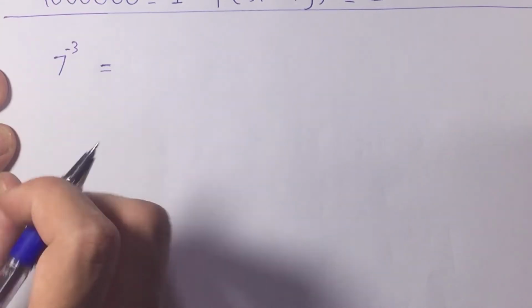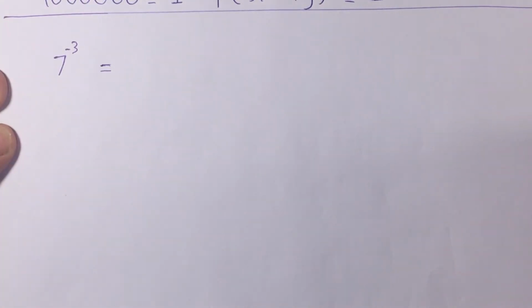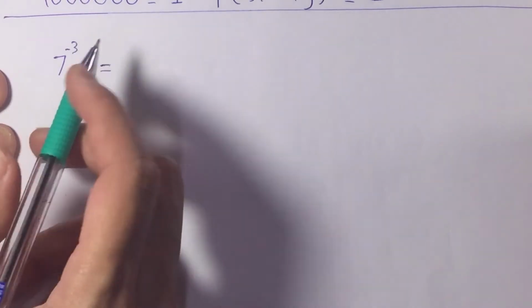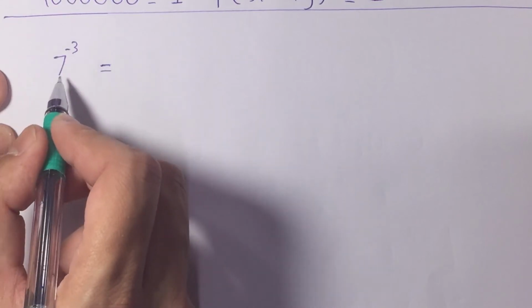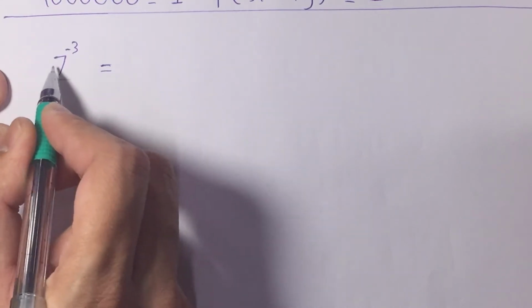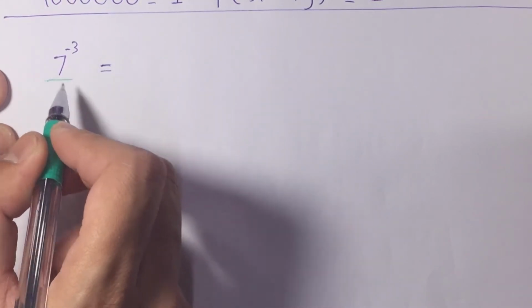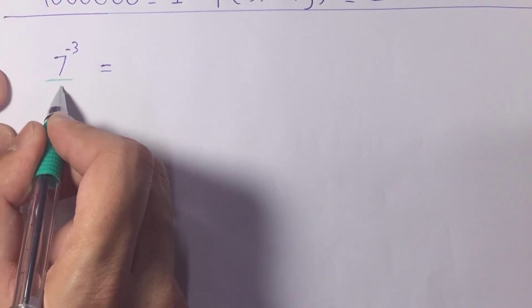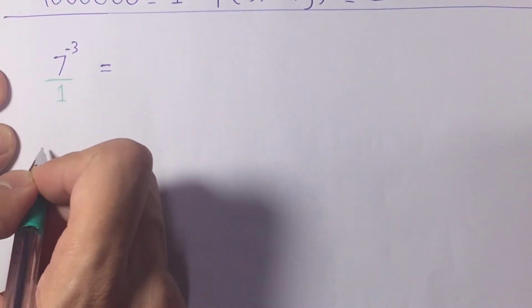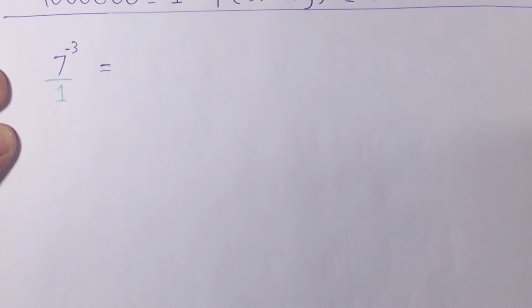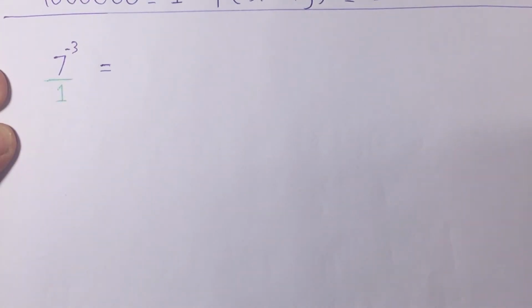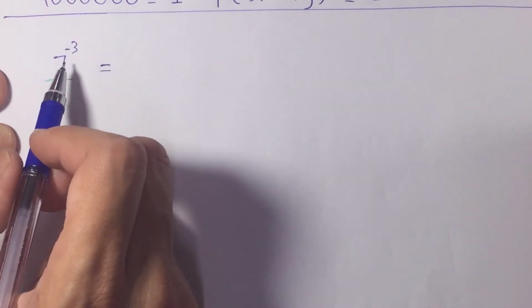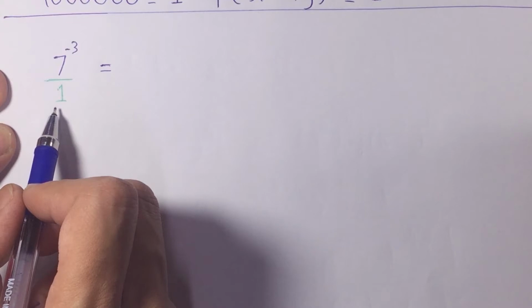In the first lesson we said that any number written alone actually has a denominator of 1. So for now, this 7 here is in the numerator and its denominator is 1.